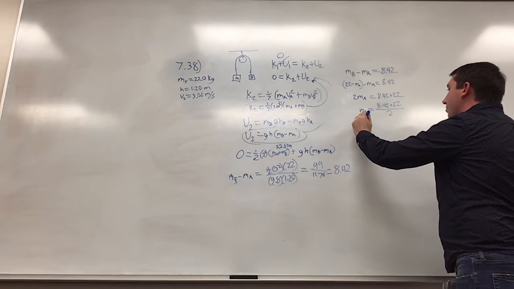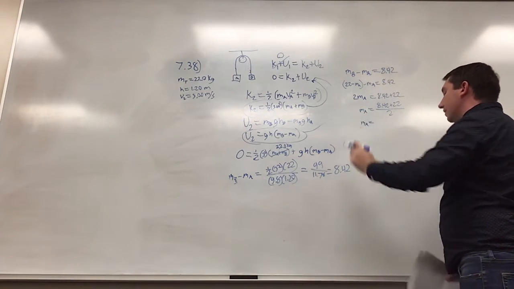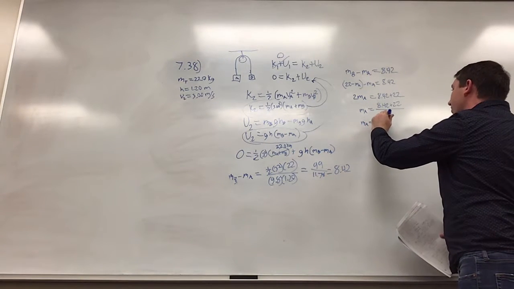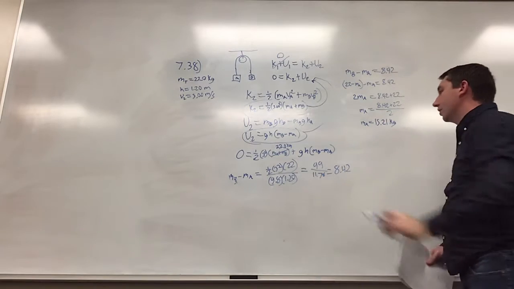And so you get that the mass of block A is going to be equal to 15.21 kilograms.